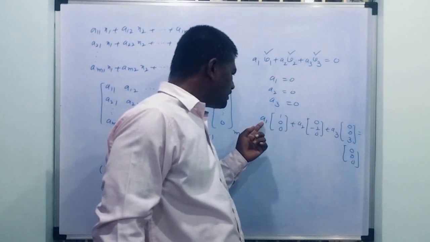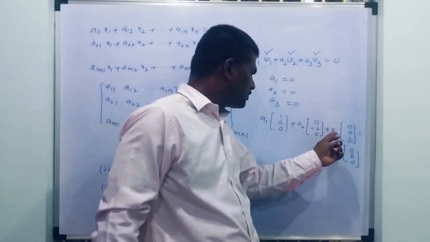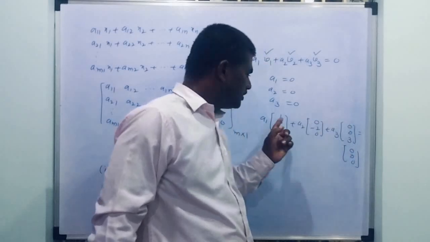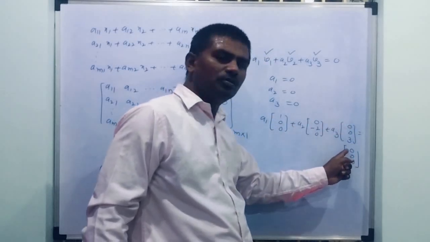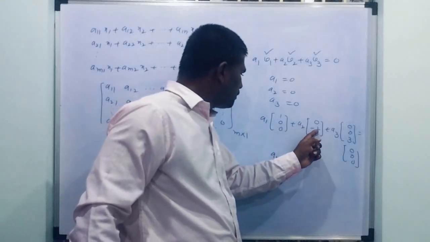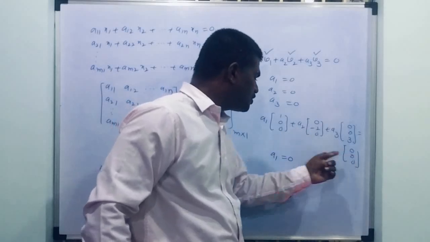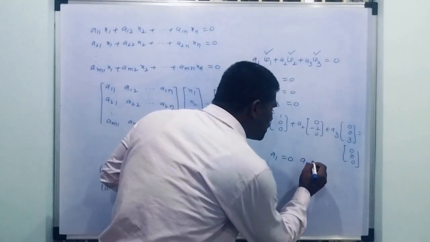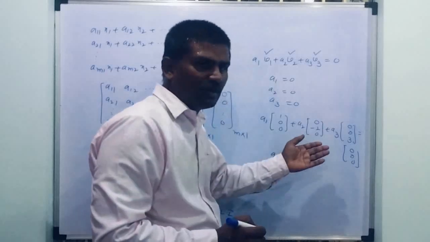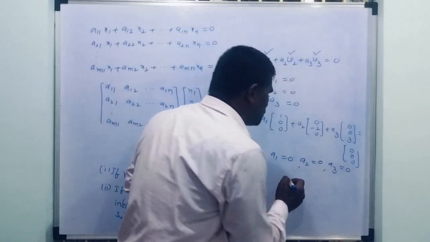You can notice that a1 equal to 0 directly. Then minus 2 a2 equal to 0, which means a2 is also 0. Similarly, you can observe that a3 is also 0.